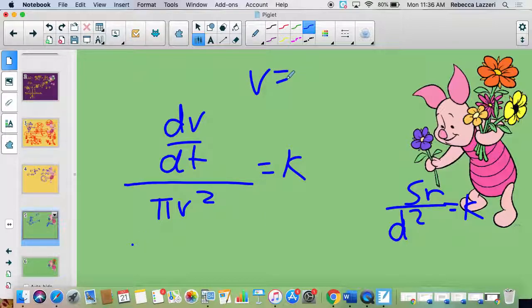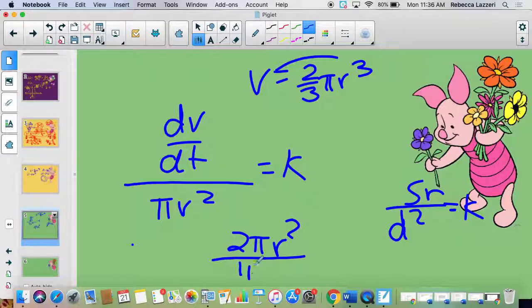The volume of the cube, I'm using 2/3 pi r cubed. dV/dt is going to be 2 pi r squared over pi r squared is equal to some constant of proportionality. I'm doing something wrong. We already solved for dt. It's -15/8. But that's not, hang on. That's what we solved for last. We solved for it in part B. No, but that's after you substituted.